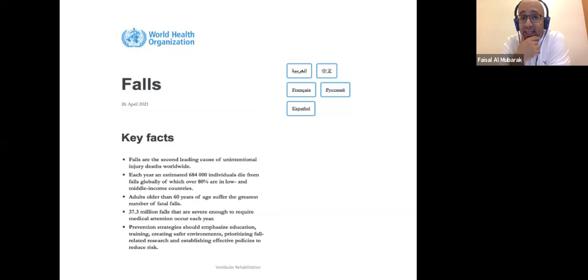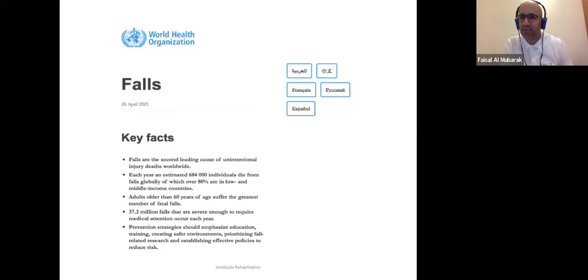As you guys can see, the World Health Organization, WHO, has stated that the first leading cause of unintentional death worldwide is road traffic accidents. Imagine how many people die from car accidents in the world. The second leading cause of unintentional death, right after road traffic accidents, is falls.